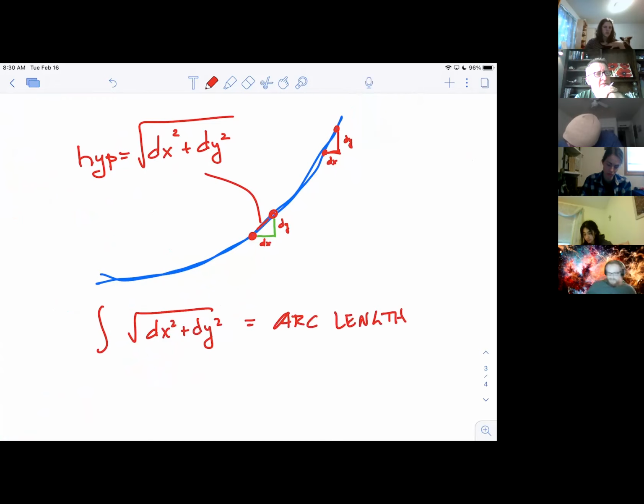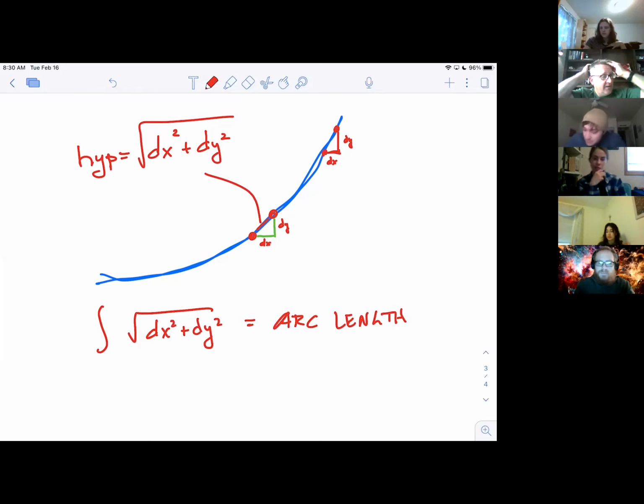Now, the only problem is you should stare at that and say, I don't know what that means. Great, you wrote that down, but I don't know what to do with the square root of, like, I don't know what dx is. I don't know what dy is. I don't really know what to do with this. Now, here's the beauty of algebra. Could we do something with that that makes it look like something that we understand? I want you to notice a couple of things.